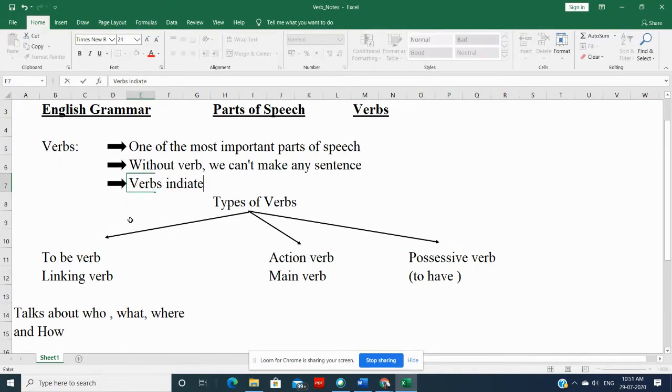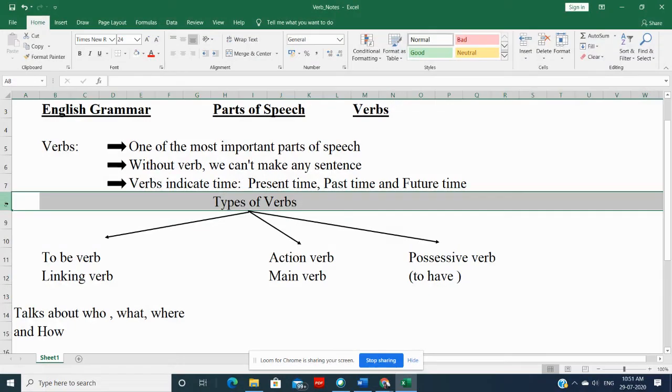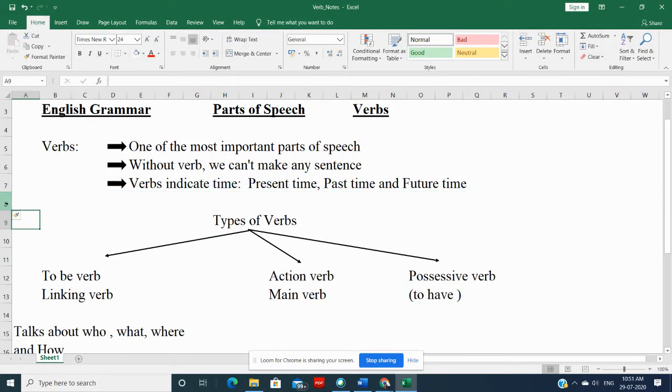Verbs indicate time, meaning present time, past time, and future time. But right now, we are just talking about present time.